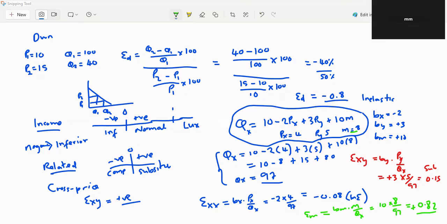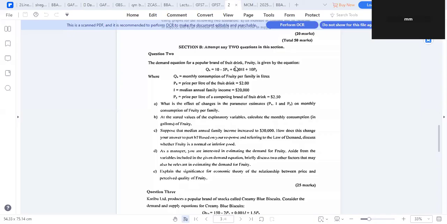So let's go now to the exam question. The exam here has given us the demand for a fruit drink, fruity. It is given by Q is equal to 10 minus 5p, plus 0.01 I, plus 10 py. So we're given the price of the fruit, 2 kwacha, the income, 20,000, and also the competing brand, 2.5.